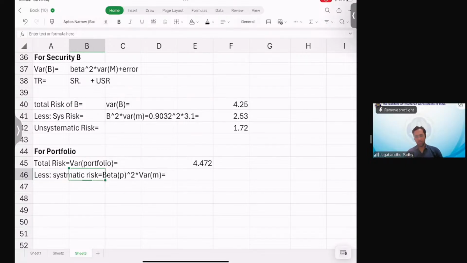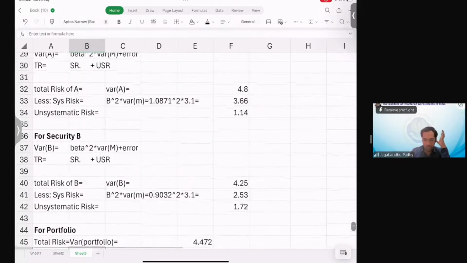Systematic risk is beta of portfolio square into variance of market, but we need the beta of portfolio.